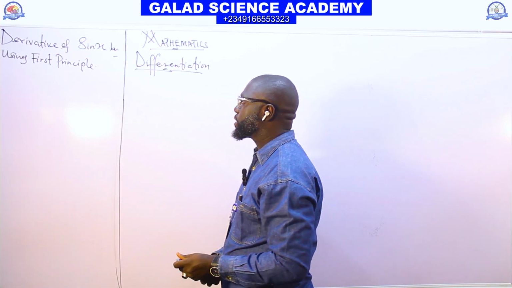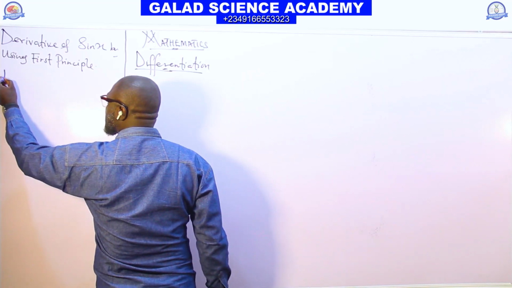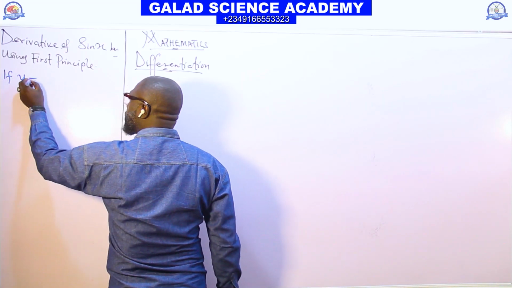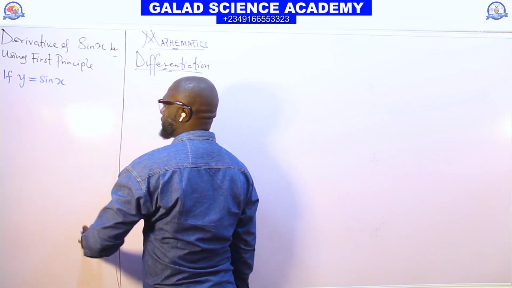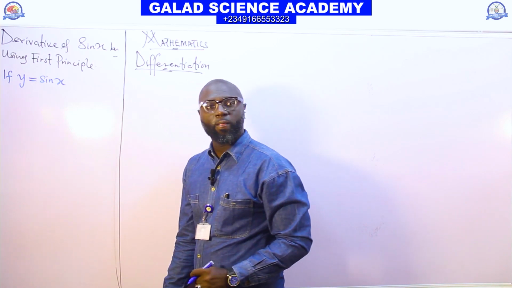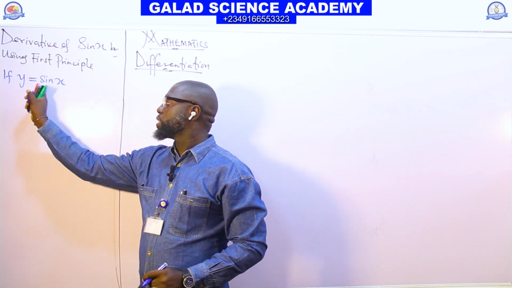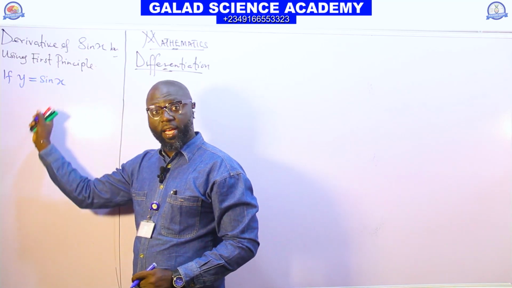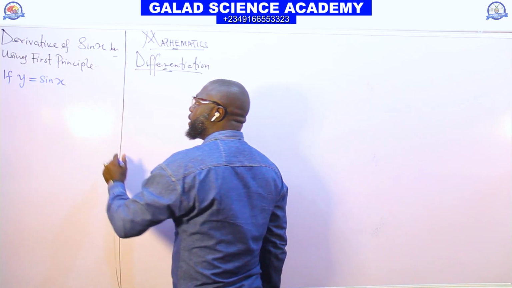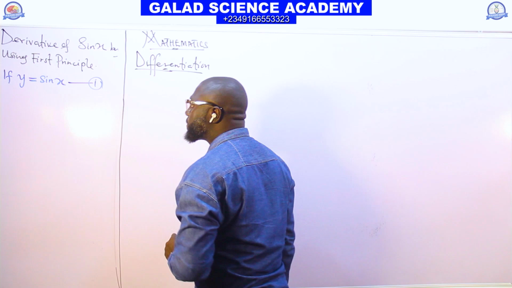So to start, if y equal to sine x, you want to know the derivative of sine x. So if y equal to sine x, you can call this equation 1.